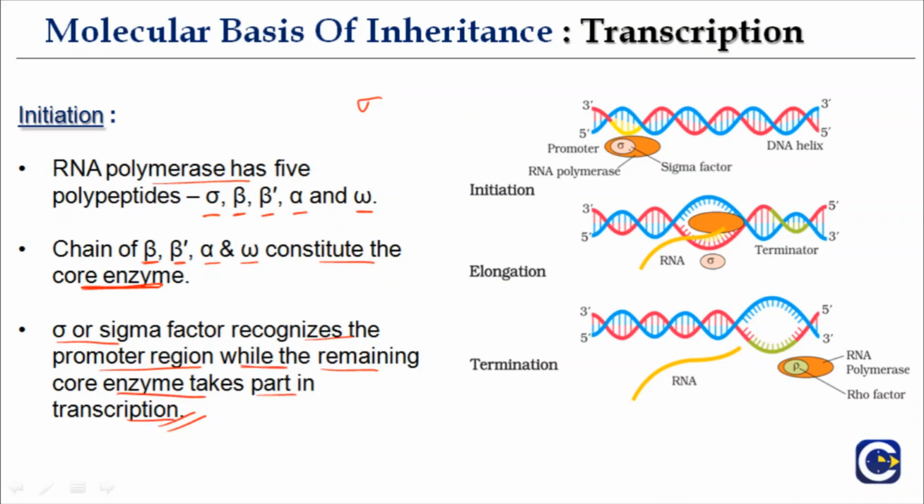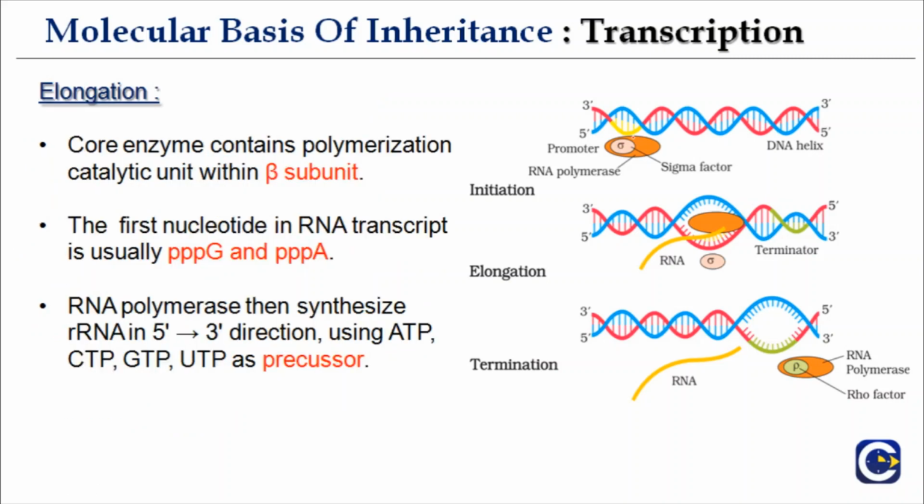So sigma factor kind of acts alone. Then the beta, beta dash, alpha and omega constitute the core enzyme. So you see this dark orange structure here is the core enzyme, and there is this sigma factor that is responsible for initiation. The sigma factor is capable of recognizing the promoter sequence.